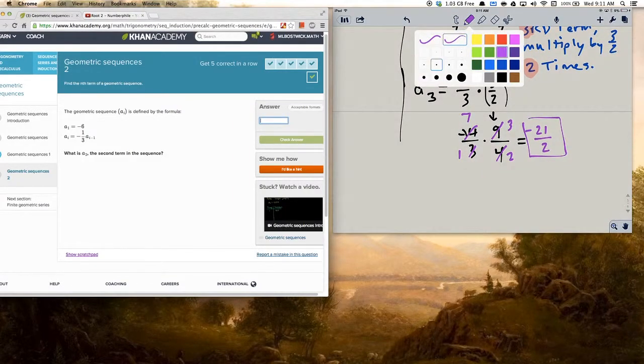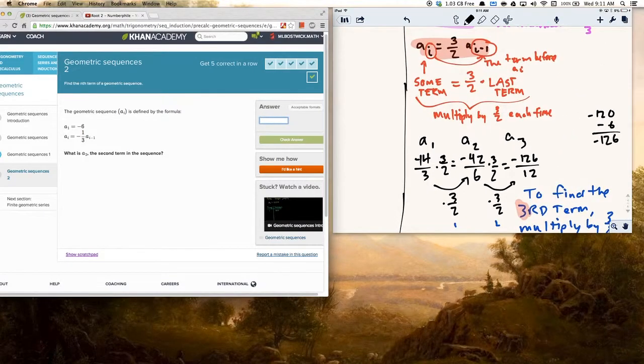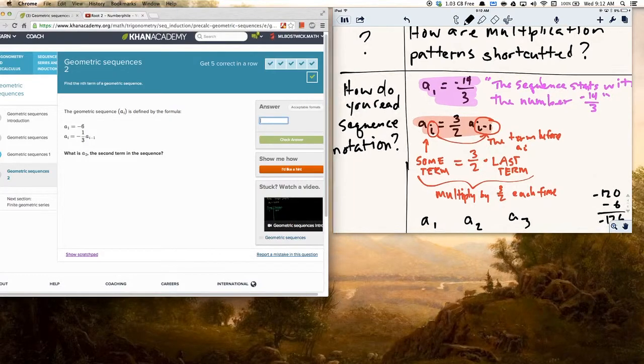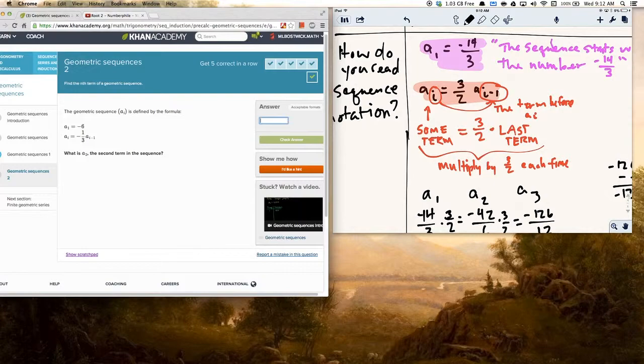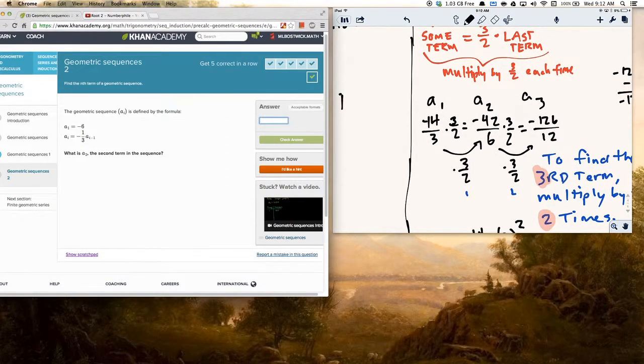I'm going to leave this space down at the bottom for you to write the summary, but I'm going to jump back up here. I'm going to write, how do you read sequence notation? Because that's what we talked about here, and that's an interpretation of how to read this a sub i thing and a sub 1 thing.